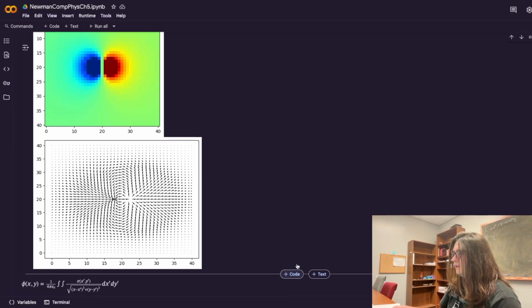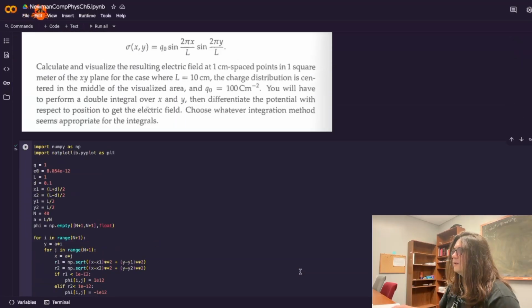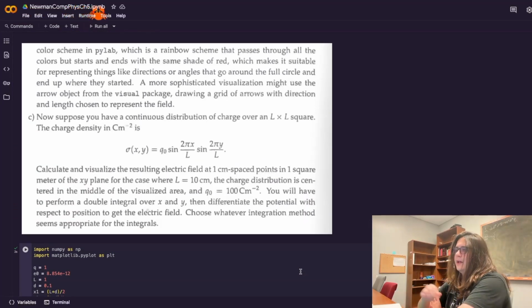But that's part B. So now we can move on to part C, where we have to do all of this again, except instead of using point charges, we're going to be using the continuous distribution of charge given by this sigma function.